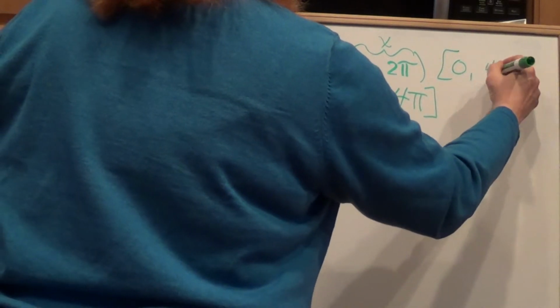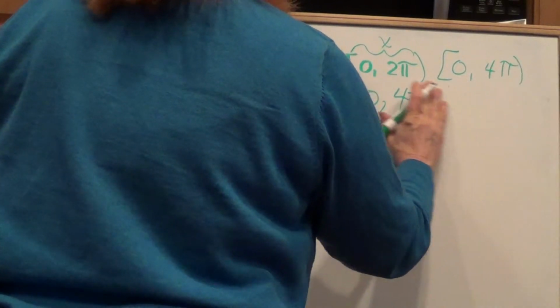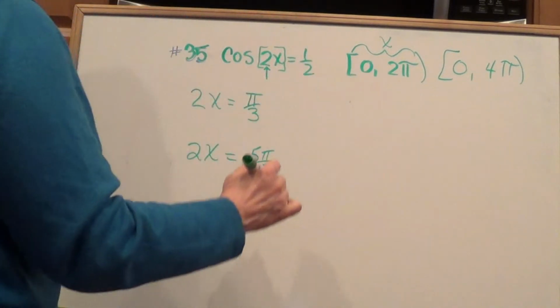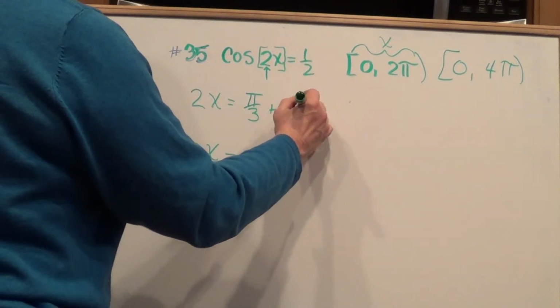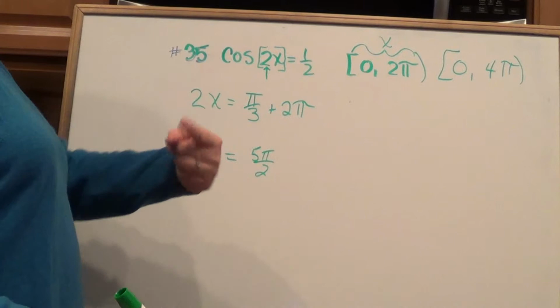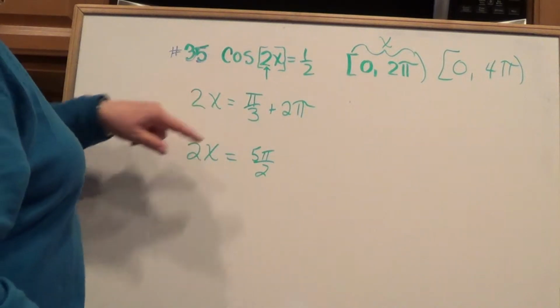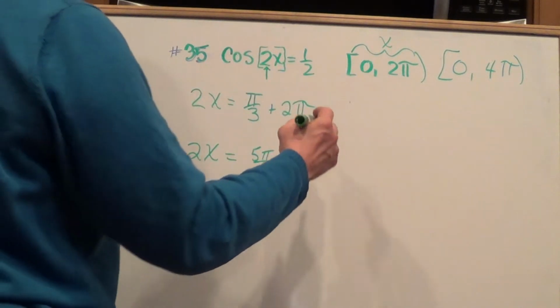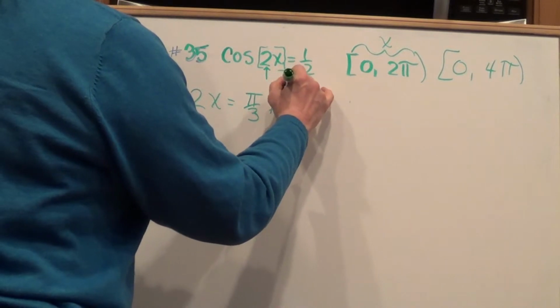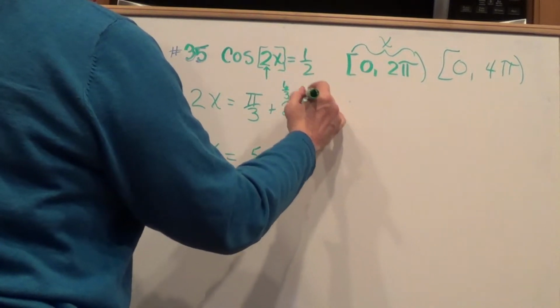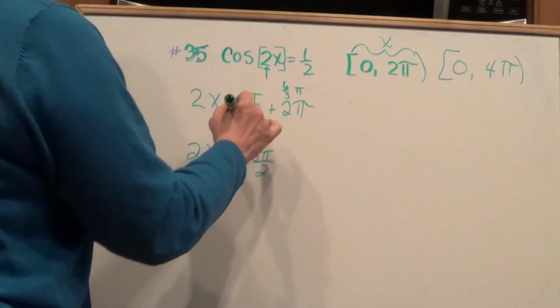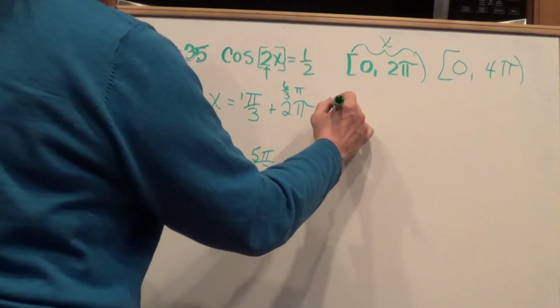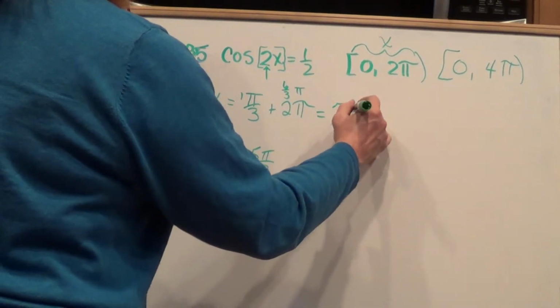Let me move this up here, 0, 4 pi, and it gives me more working room. So I'm going to add 2 pi, that's one circle, that's what I call spinning it. So I'm at pi over 3, and I'm going to take it around once more. 2 is 6/3 pi, so when I add 1/3 pi and 6/3 pi, I get 7/3 pi.